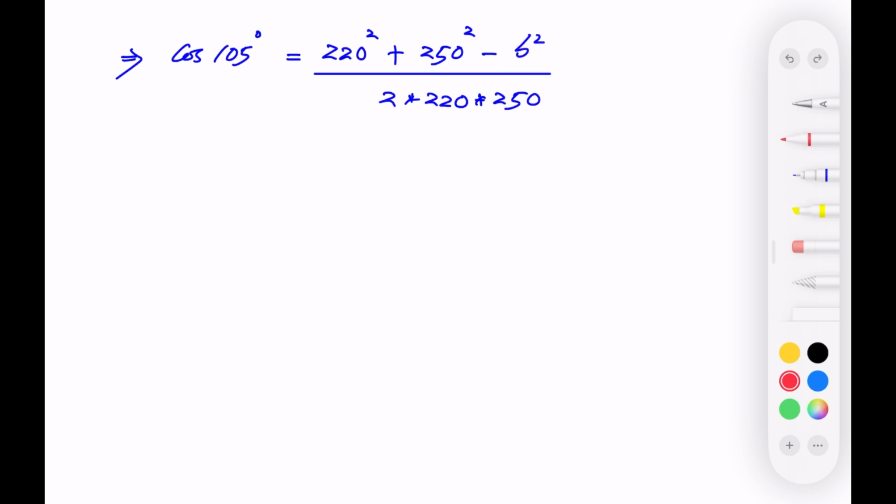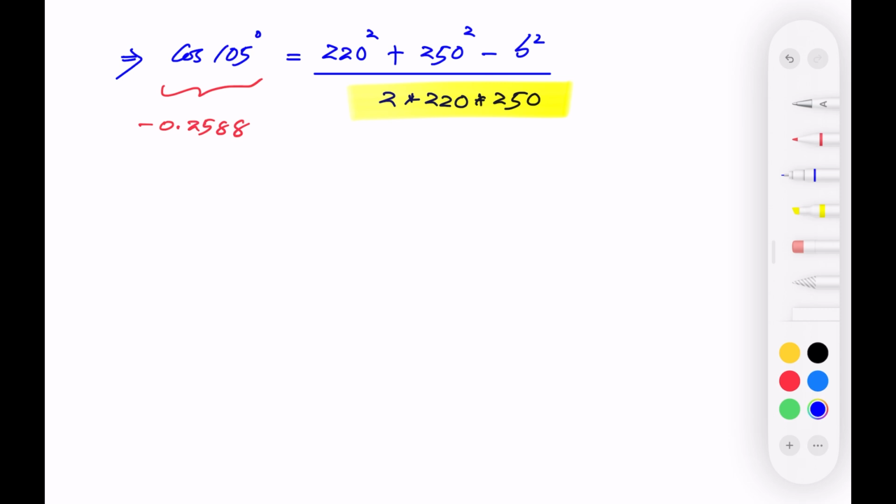If you find the value of cosine 105 degrees using your calculator, you can see that it's going to be equal to negative 0.2588. Now we can easily simplify this equation. I will need to multiply both sides by this denominator.